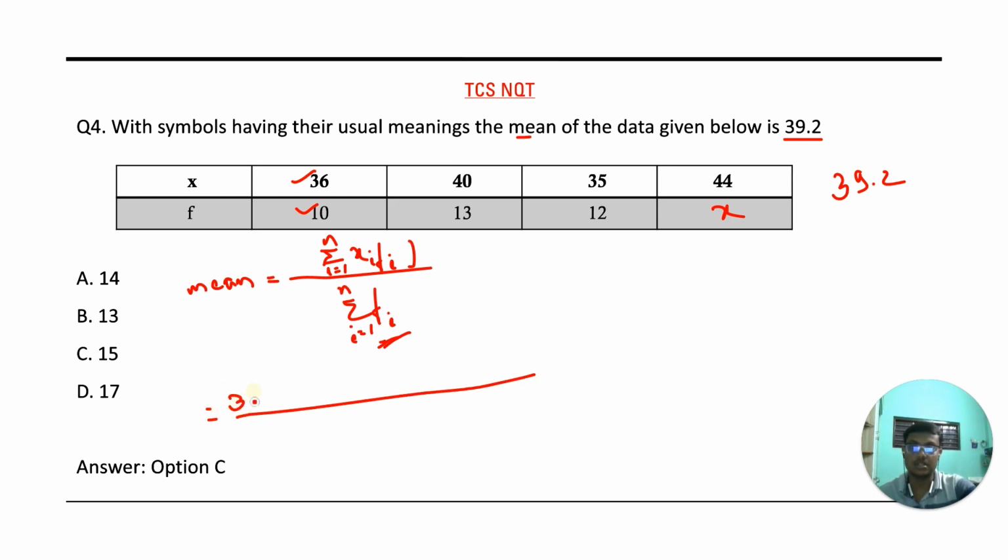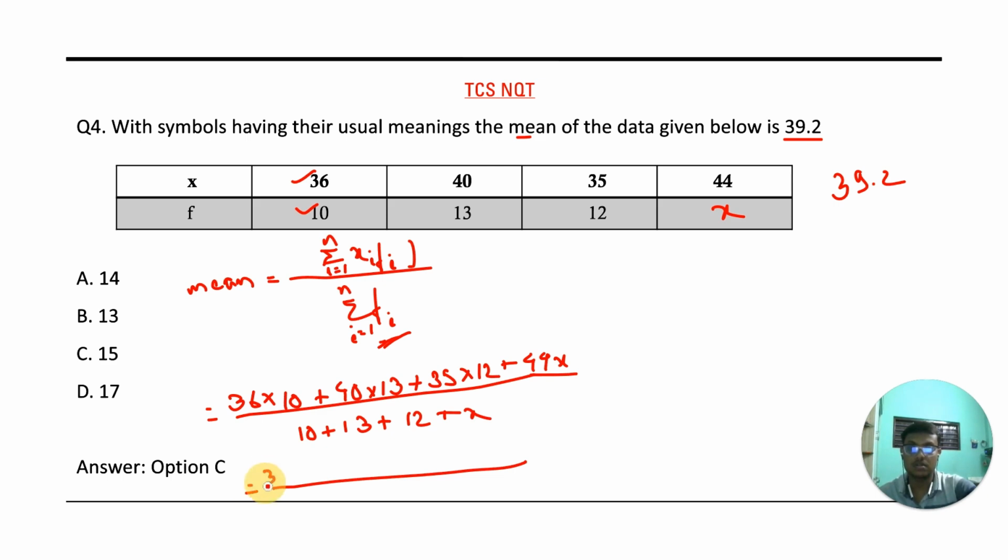So for our case, we can calculate it as 36 into 10 plus 40 into 13 plus 35 into 12 plus 44x, and in the denominator we have 10 plus 13 plus 12 plus x, and this would be equal to 360 plus 13 fours are 52, 520, plus 12 fives are 60, 6 carried, 12 threes are 36, and 642 plus 44x.